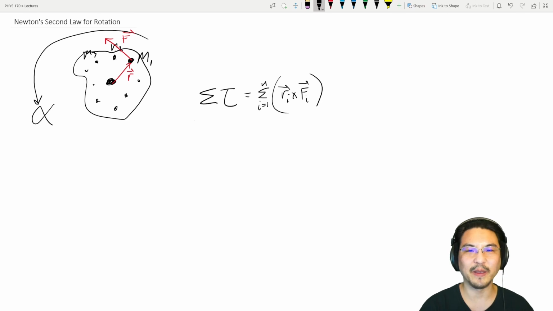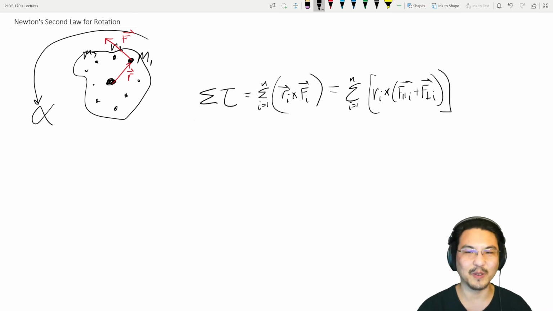Okay, and then we can decompose F into perpendicular and parallel components.